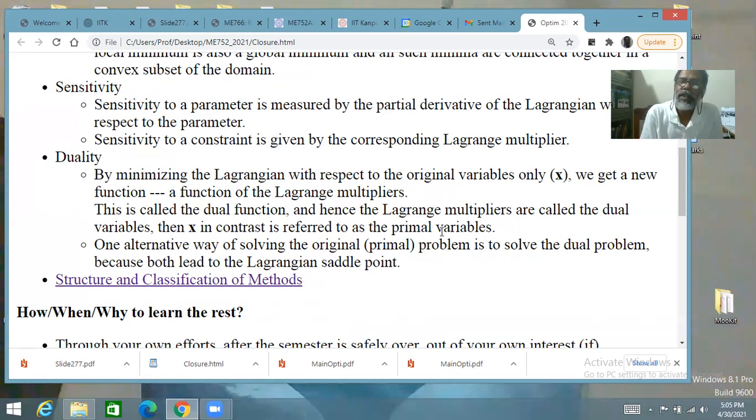You see, if you have a problem to determine the dimensions or the ratios of the dimensions of a rectangle, such that for a given perimeter the area is maximum, or the other problem, that for a given area the perimeter is minimum.